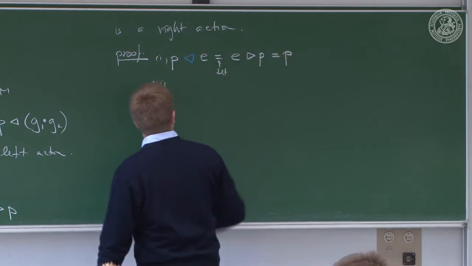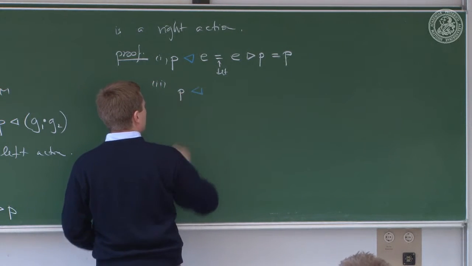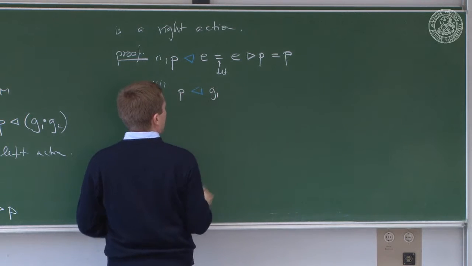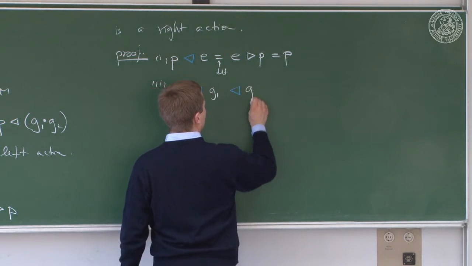Okay, but then we have this, and now we check, we act on P from the right with a G1, and then we act again from the right with a G2.